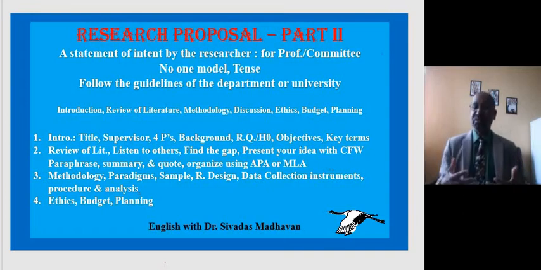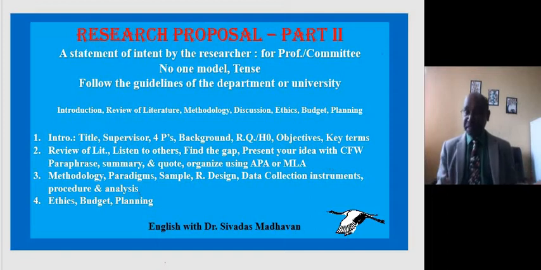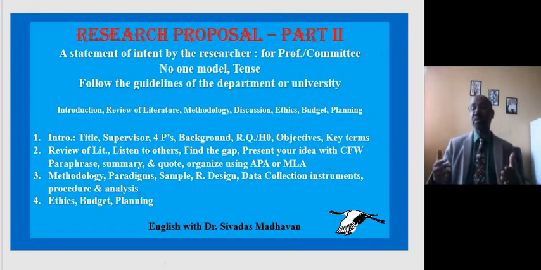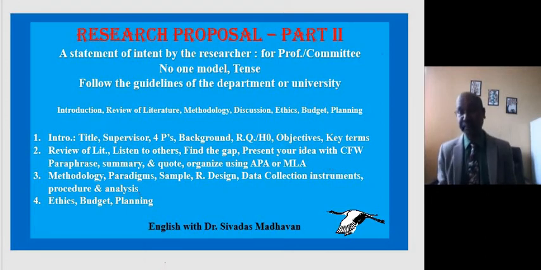SPSS means statistical package for social sciences. That is what people use most of the time. And even for mathematical calculations, you can use it. And if it is qualitative research, you can use programs like NVivo, Stata, etc. So it's your interest, it's your taste, and it's your convenience. But you have to mention that.